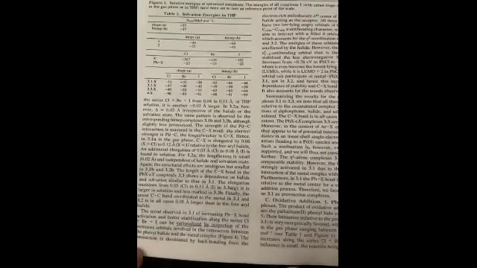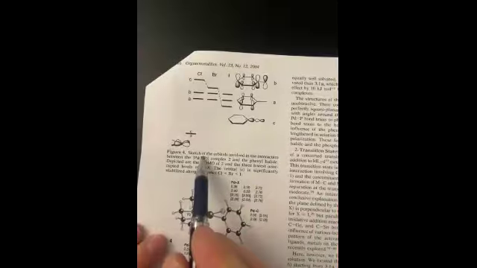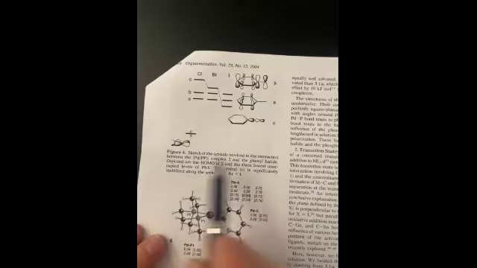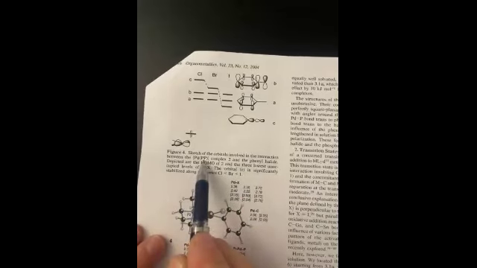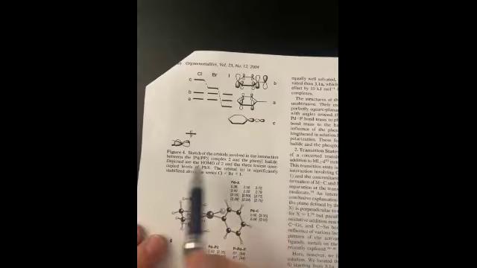Figure 4. All right. Now it is a sketch of the orbitals involved in the interaction between the PdPP complex 2 and the phenyl halide.